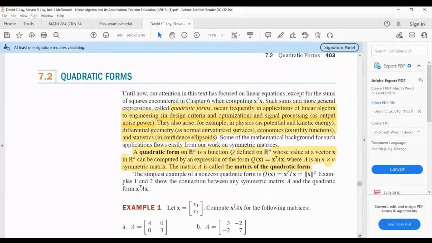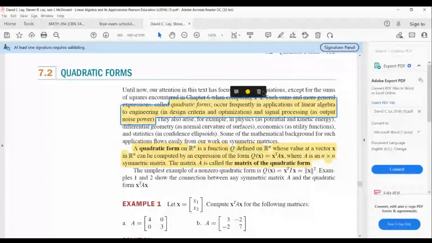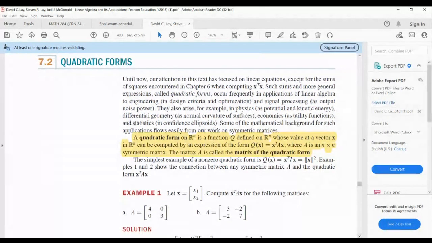And let's go ahead and talk about what it is. So, okay, what is a quadratic form? Well, a quadratic form on n-dimensional space is a function q whose value at a vector x can be computed by the expression x transpose times A times x.